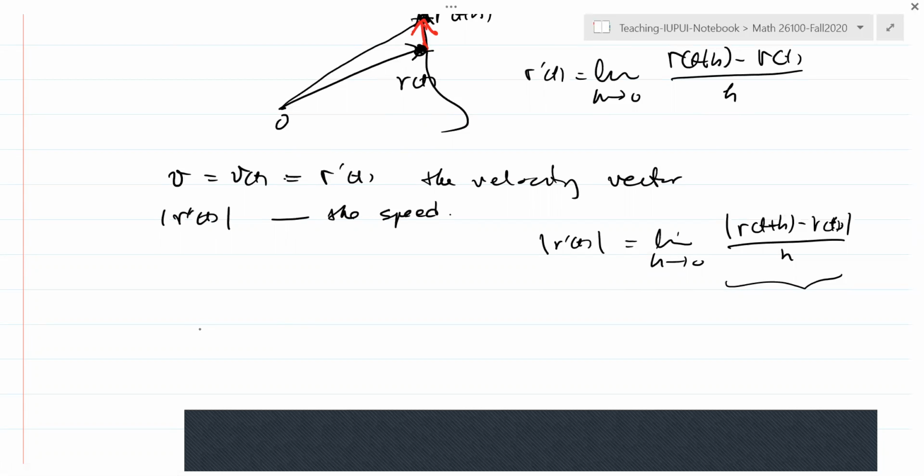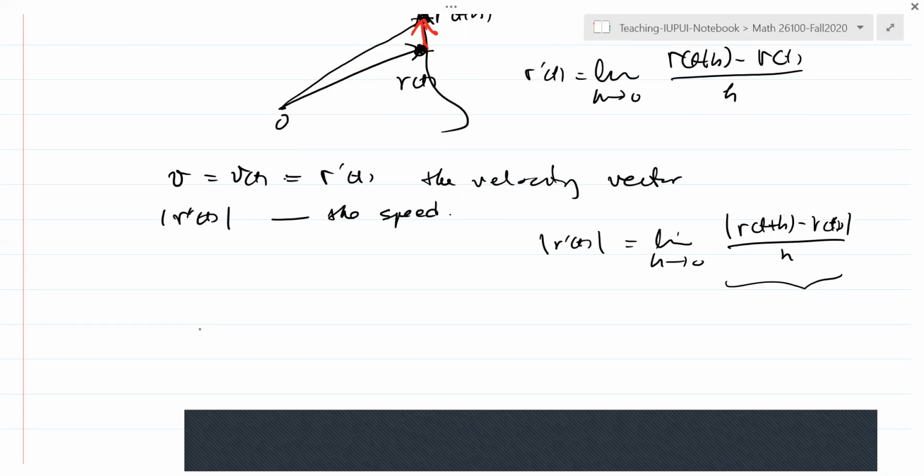Sometimes it has constant length, and then this moving object has a constant speed. If it does not have a constant length, then this moving object does not have a constant speed. So the speed will change. When the speed changes, you get an acceleration.